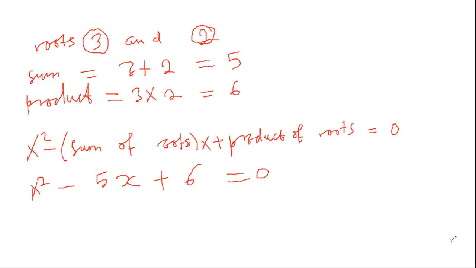Now, given the following equations, find the sum of roots and product of roots. Our first equation is 3x squared plus 2x plus 7 equaling 0.